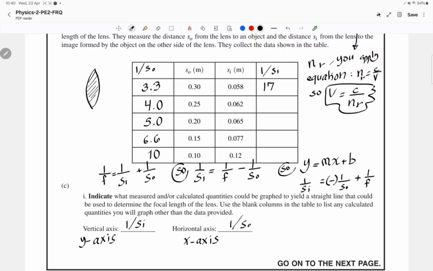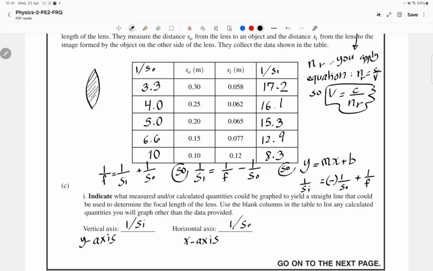And for the 1 over s_i, we do the same thing: 17.2, 16.1, 15.3, 12.9, and the last one is 8.3.